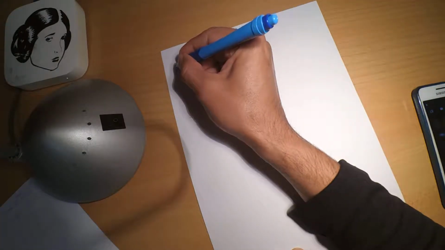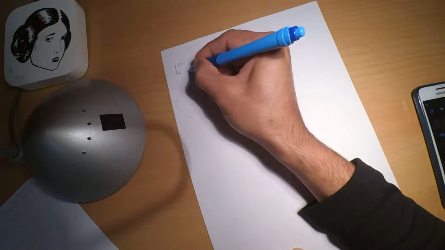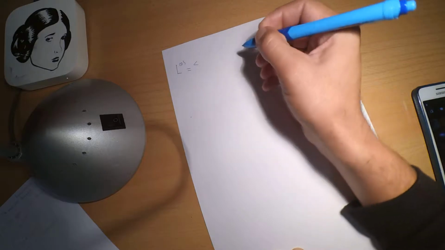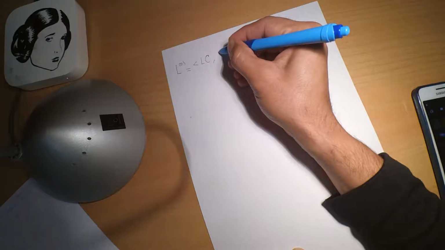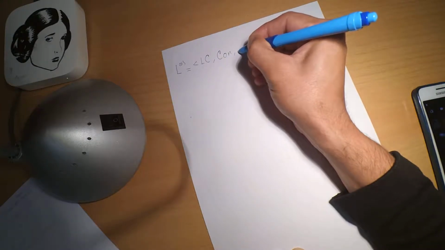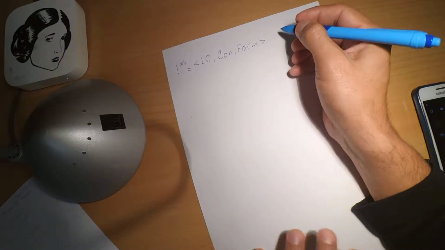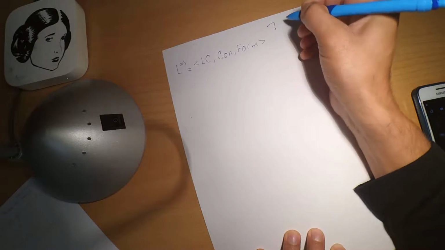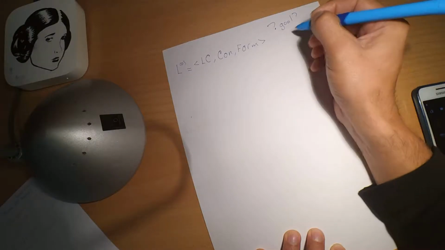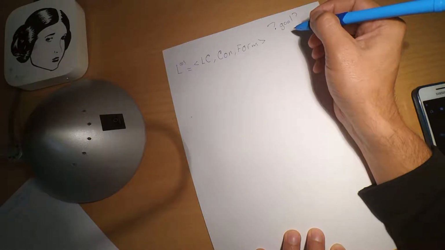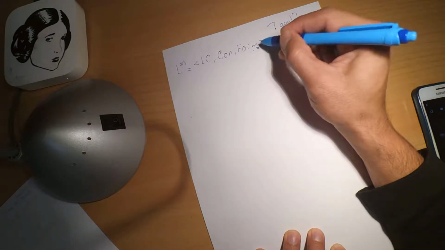The zero order language is represented with L0 equals, and we open these brackets: LC, the logical constants, then the non-logical constants, and the form. Once again, what is our goal? It is to get formulas in the zero order language.